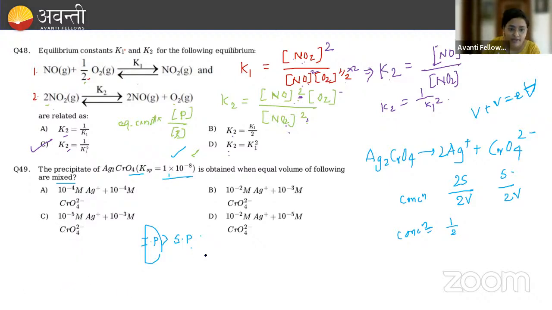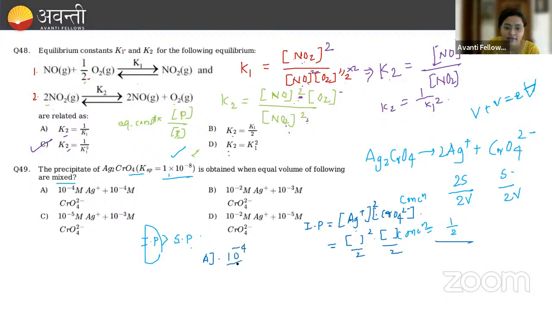So for A, we have to determine the ionic product. What is the formula for the ionic product? Ionic product is equal to the concentration of Ag plus squared into the concentration of CrO4 2 minus. And as I told you, whatever concentration you take, divide by 2. So for A, 10 raised to minus 4 divided by 2, bracket squared, into 10 raised to minus 4 divided by 2.